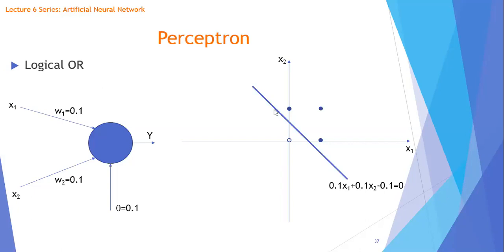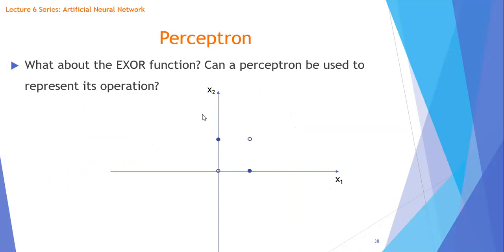For the XOR operation, if you put a straight line here to separate your class 1 and your class 0, you're not separating the two classes, because you have a class 0 here and a class 0 underneath as well. So if you try to imagine all possibilities of a straight line to separate these two classes, it's impossible to do that. You might have to come across something like this, maybe.